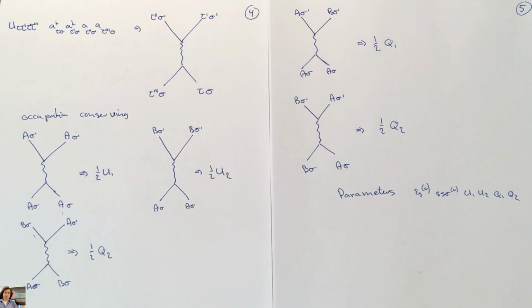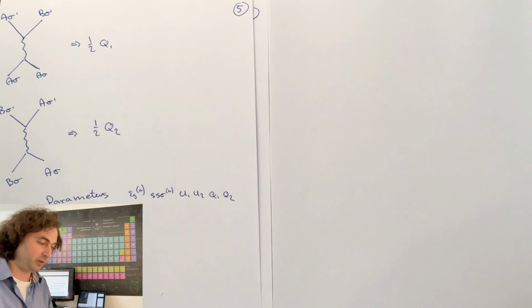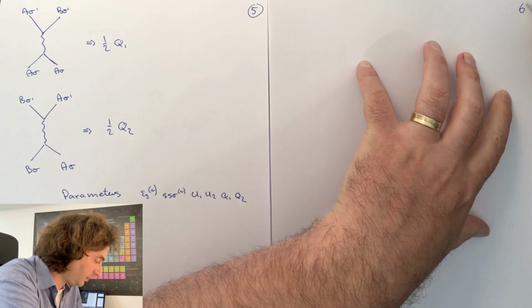Besides the parameters for the Hamiltonian, we also have to define our basis. And we already talked about the one particle basis states.